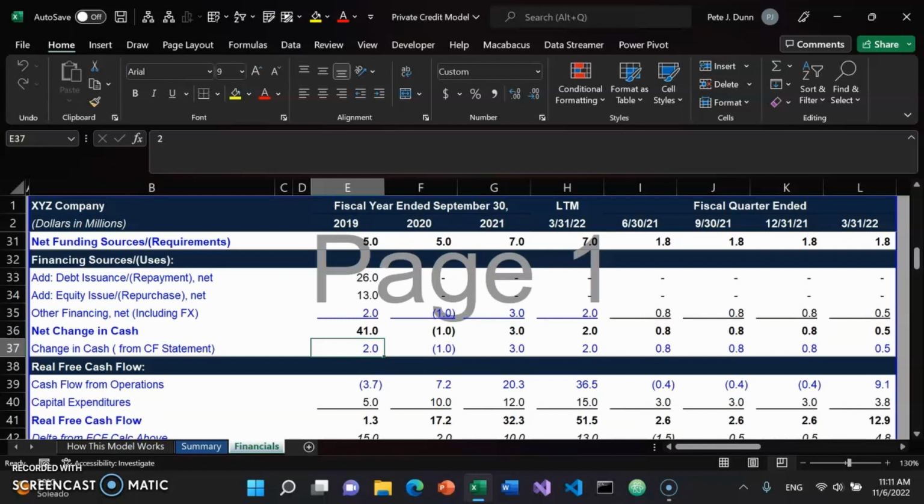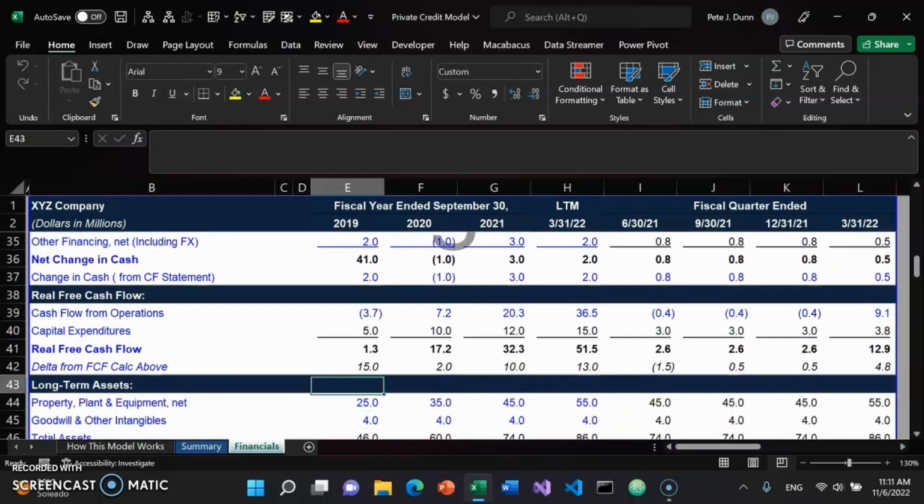And then you have the change in cash from the cash flow statement. Cash from operations, you get that from the cash flow statement. And I've just said that there's a difference here from the free cash flow calculation versus this second way of calculating so-called real cash flow.